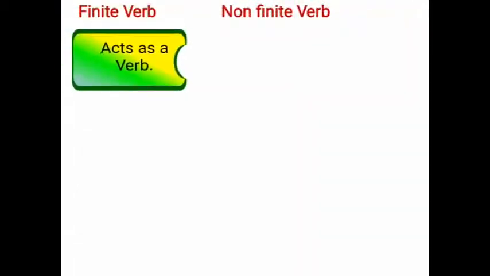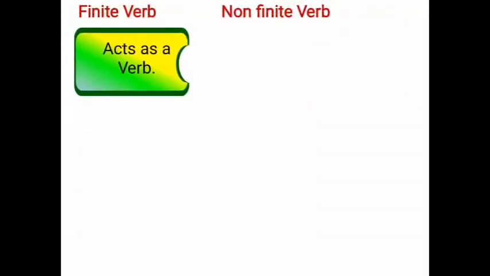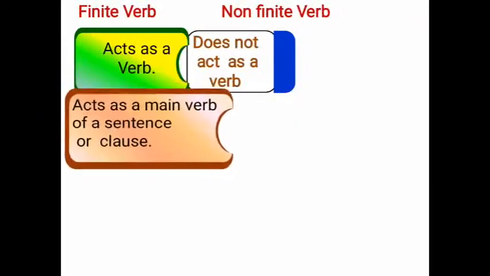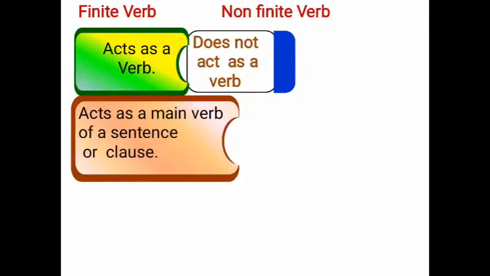So, summarizing the difference between a finite verb and a non-finite verb. Firstly, a finite verb acts as a verb, but a non-finite verb does not act as a verb. The finite verb acts as a main verb of a sentence or a clause.